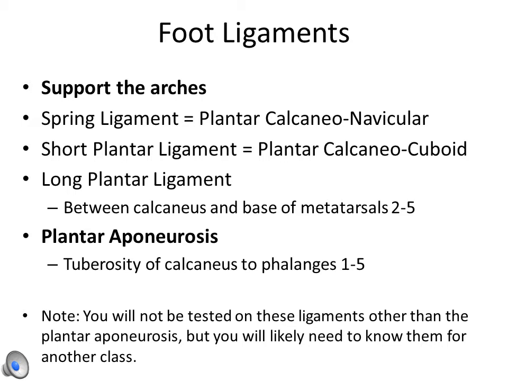The plantar aponeurosis is also known as the plantar fascia. It is attached to the tuberosity of the calcaneus and extends to the phalanges of digits 1 through 5. Inflammation of this structure is known as plantar fasciitis.